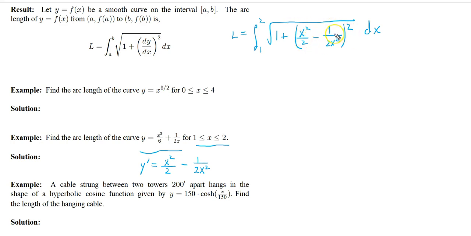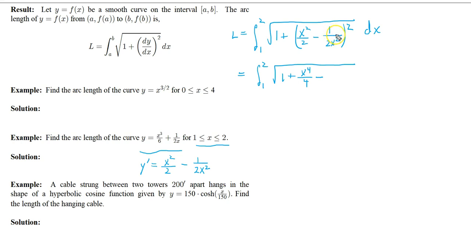Now let's FOIL this out, and we'll see that what's underneath the square root will become a perfect square with a little bit of algebra. Now notice if I take this term times this term, the x squares cancel out and I get negative 1/4.